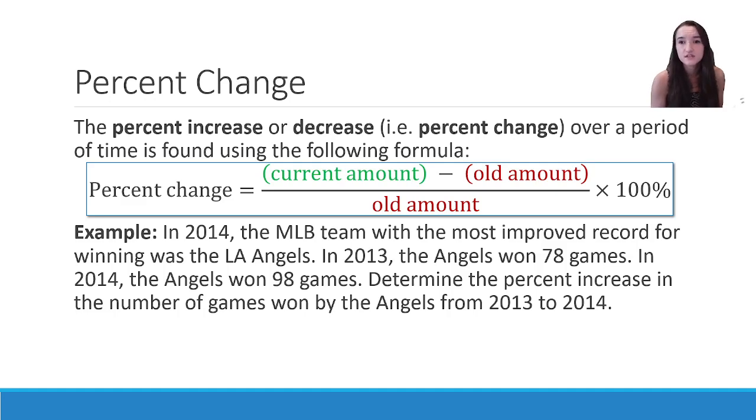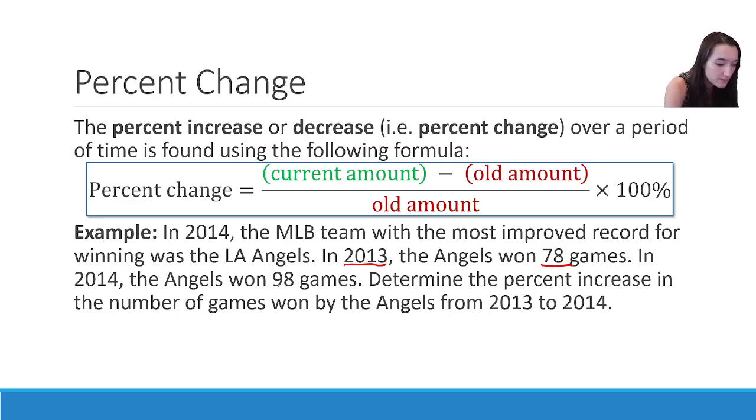So a couple things to think about here, because the most common mistake to make in these problems is to end up with a negative number when you should have had a positive number. So you've got to make sure you're doing this in the right direction, essentially. This explicitly tells you we're looking for a percent increase, so it should be positive. But we should also see that the old amount in 2013 was 78.